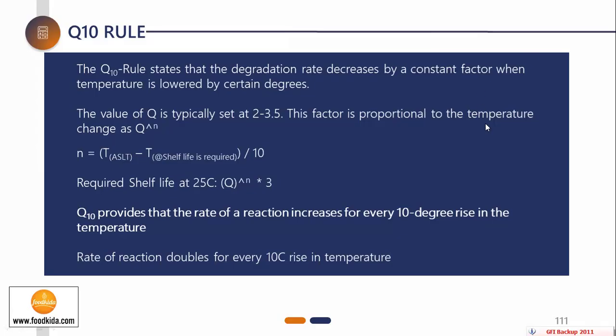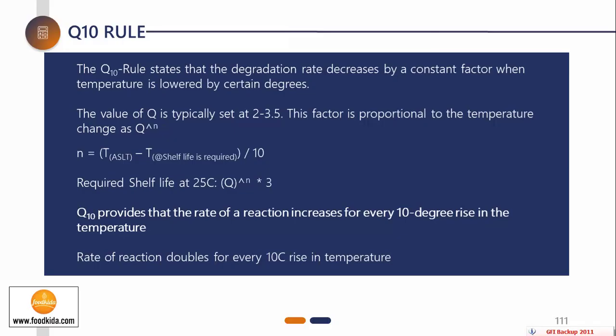This factor is proportional to temperature as Q raised to N. Now what is N? N is the temperature of accelerated shelf life minus the temperature at which the shelf life is required, divided by 10. So for example, your shelf life is required at 25, or 30 degrees, whatever it is, and you have done the test at 40.